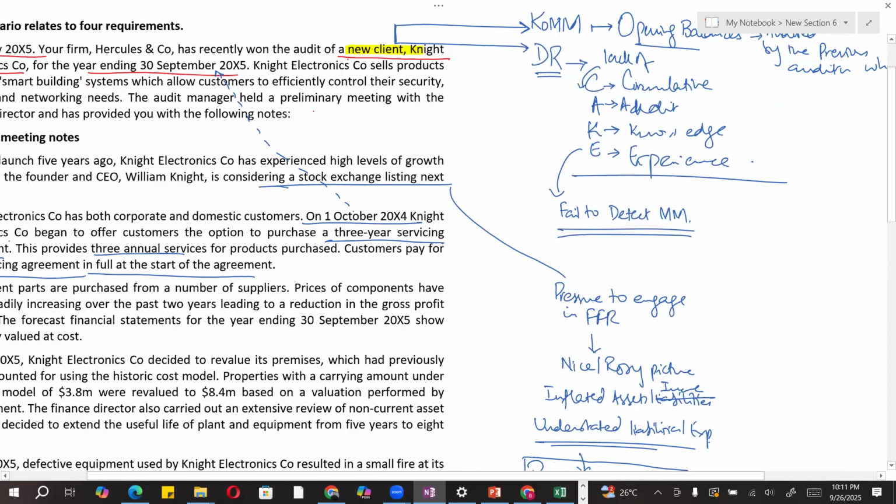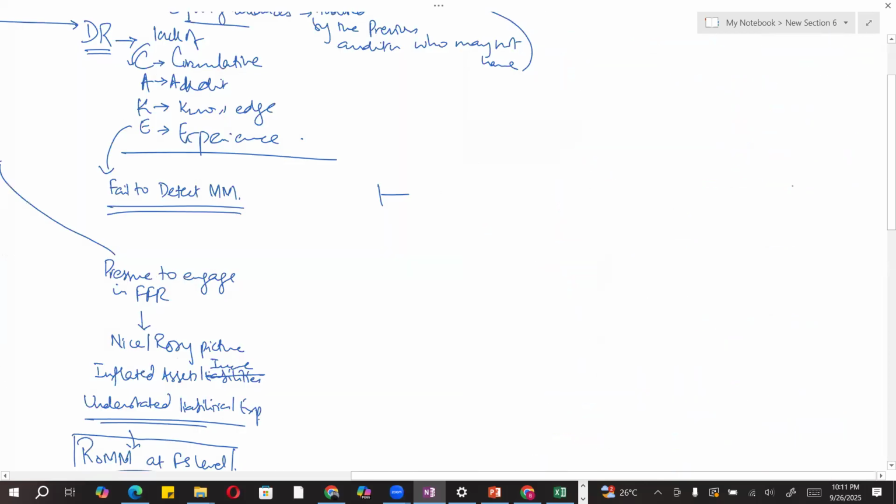Now, let me picture this scenario for you. On 1st October 2x4, the servicing agreement started, and this is going to be for 3 years, which means the first contract year is going to end on 30th September 2x5.